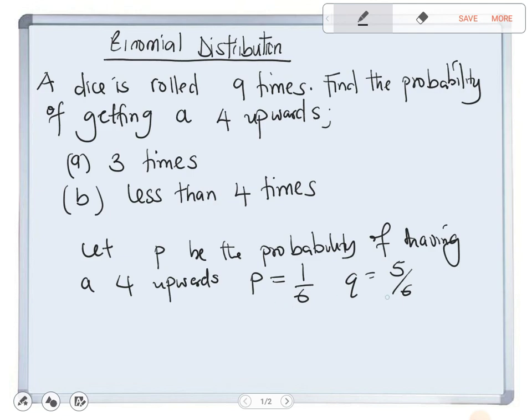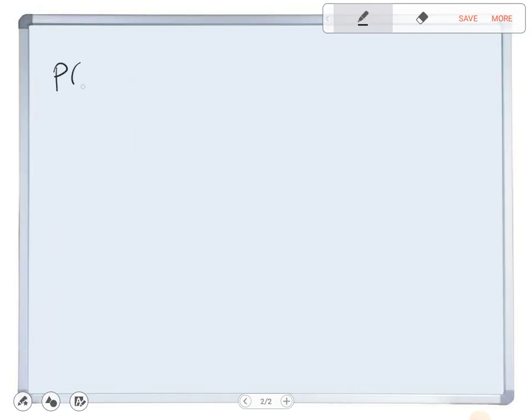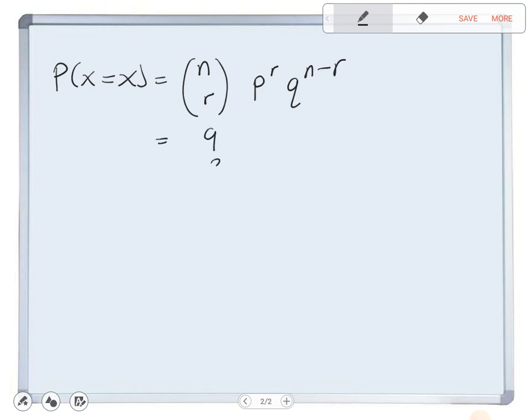Once these are settled, our N is 9, remember? And our R, you can call it R or X, is 3 times. That is for part A. So how do we solve? We know that the binomial PMF is given by N choose R, times P to the power R, times Q to the power N minus R. So in this case, our N is 9, 3.